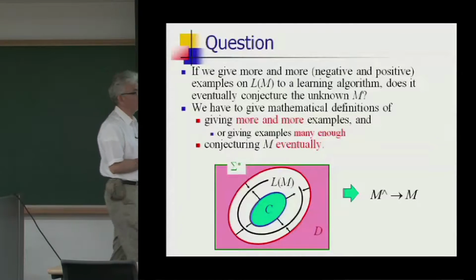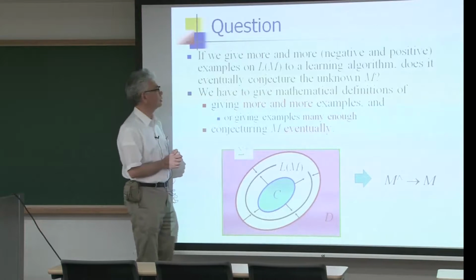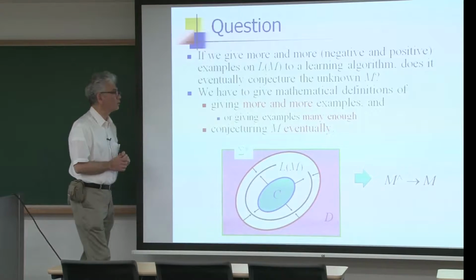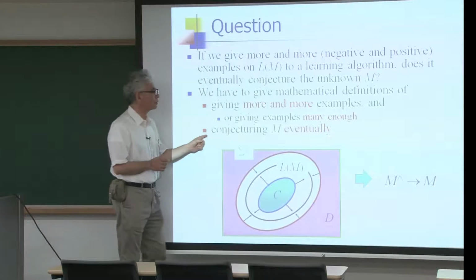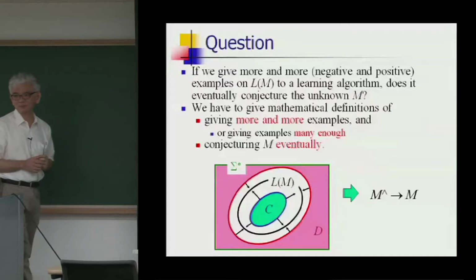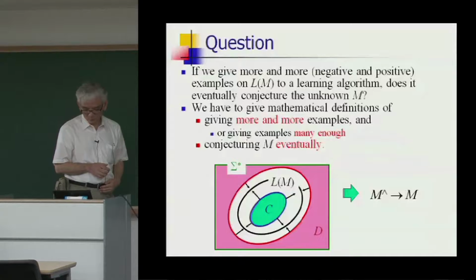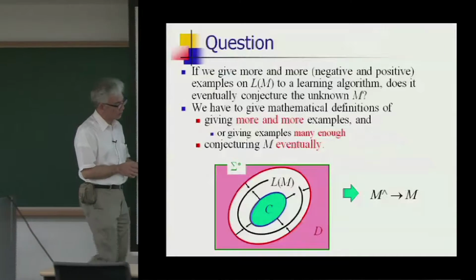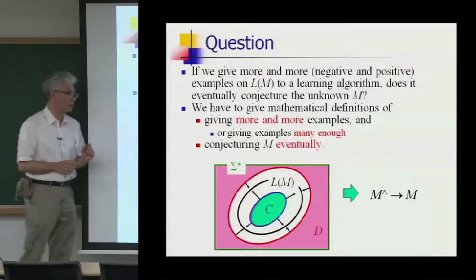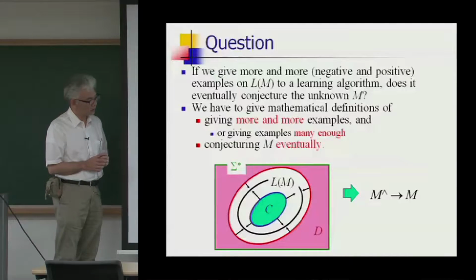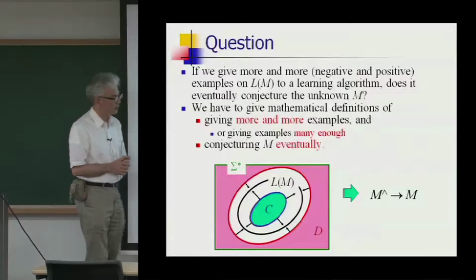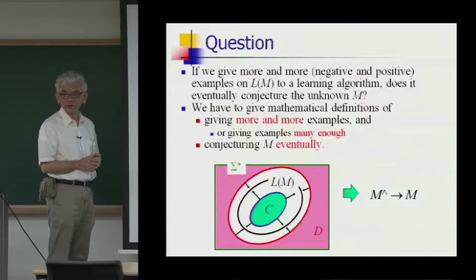Then we have to give mathematical definitions of what giving more and more examples is, and what conjecturing M eventually or finally is. More intuitively, this red part is assumed to be negative examples, and this green part should be positive examples.